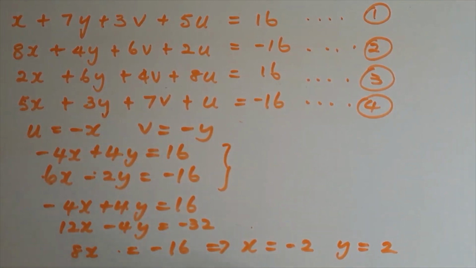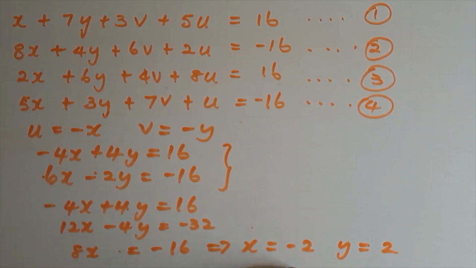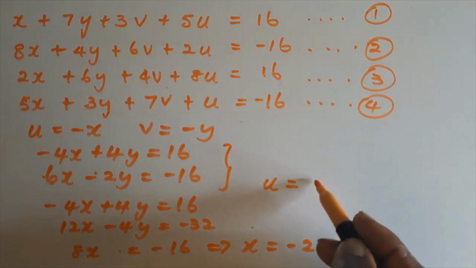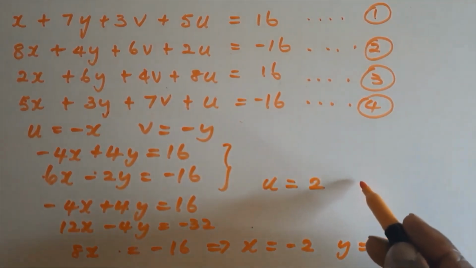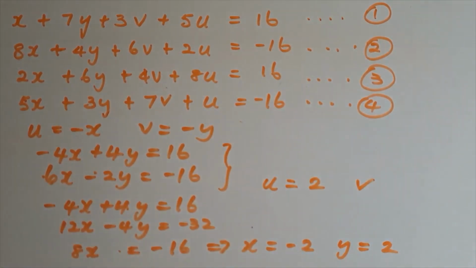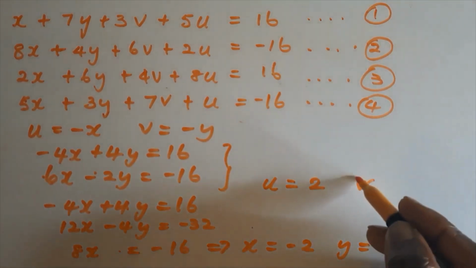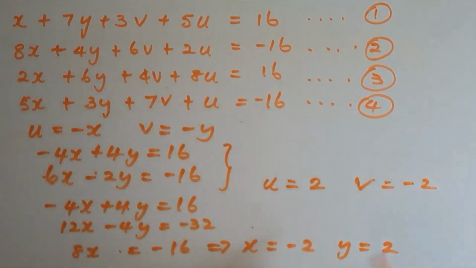So u is minus x, which is minus times minus 2, so u is equal to 2. And v is minus y, which is minus 1 times 2, which gives us negative 2. So these are our solutions: x equal to negative 2, y equal to 2, u equal to 2, and v equal to negative 2.